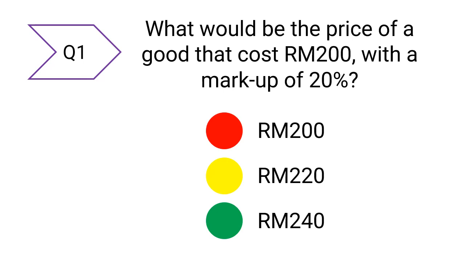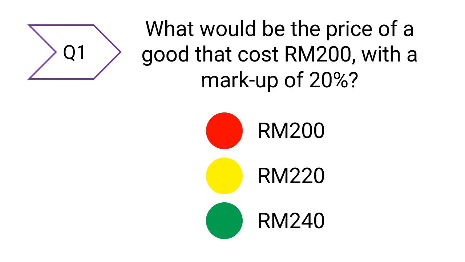What will be the price of a good that costs 200 ringgit with a markup of 20%? Okay, so how do we determine the price? Recall the total equation and the calculation of profit if it is on markup, and from there you could determine the selling price.